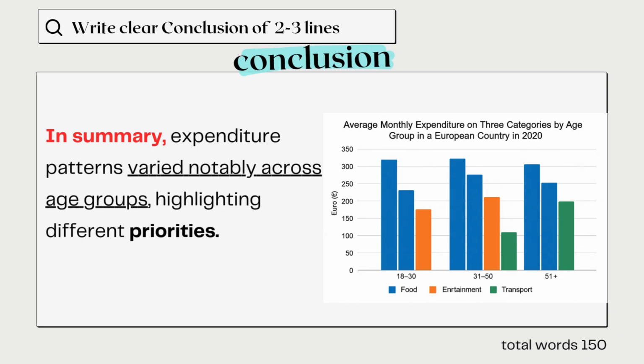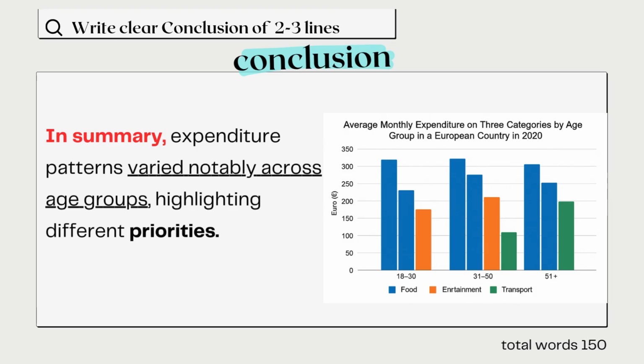They are not concerned with transportation, right? Then the middle aged people, 31 to 50, are concerned with all three things: food, entertainment and transport. And lastly, with the 51 plus people, they are concerned with just transport and food. They definitely have to be concerned with food, because it remained steady throughout.